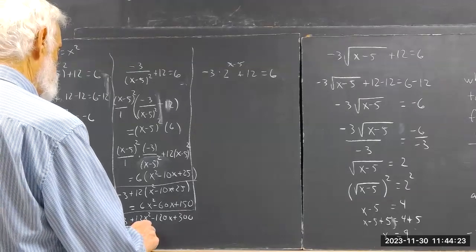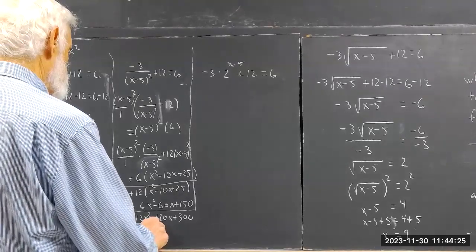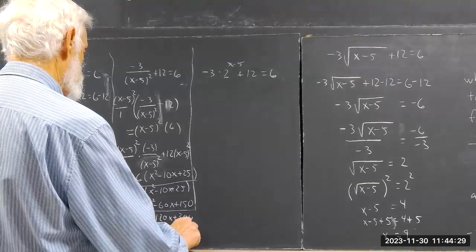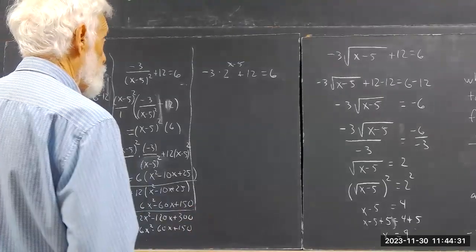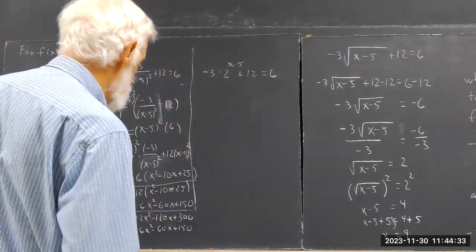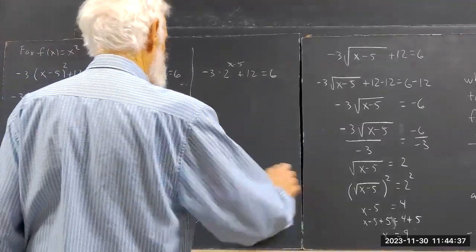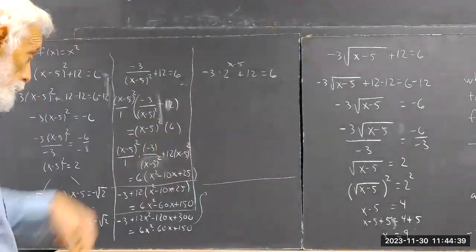And then this equals 6x squared minus 60x plus 150. We're gonna have to borrow a little space from this problem, except I can do it from here and here. I can get this problem done here.